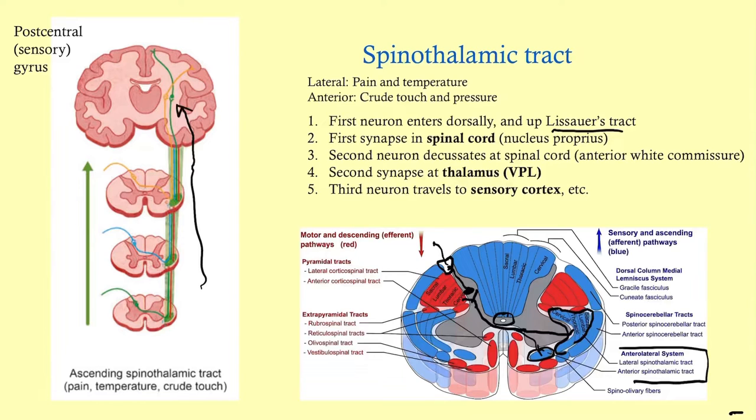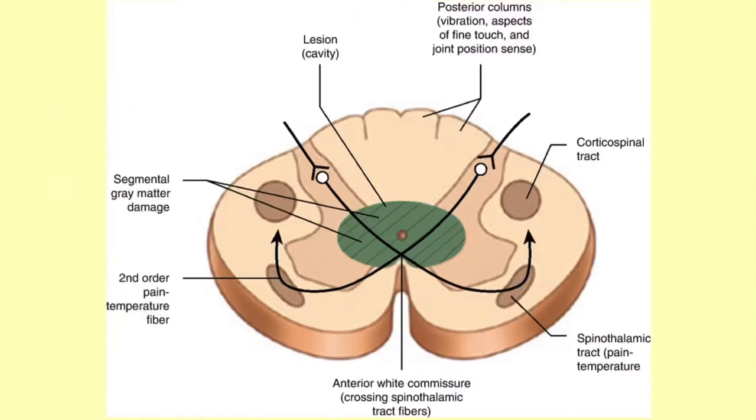All right, so that's spinothalamic. The big thing to know is that you decussate at the spinal cord. And in a future talk, I'm going to talk about stroke syndromes, and you'll see how all this will come together. So this, again, here is this anterior white commissure, and it's right in the front of the central canal.